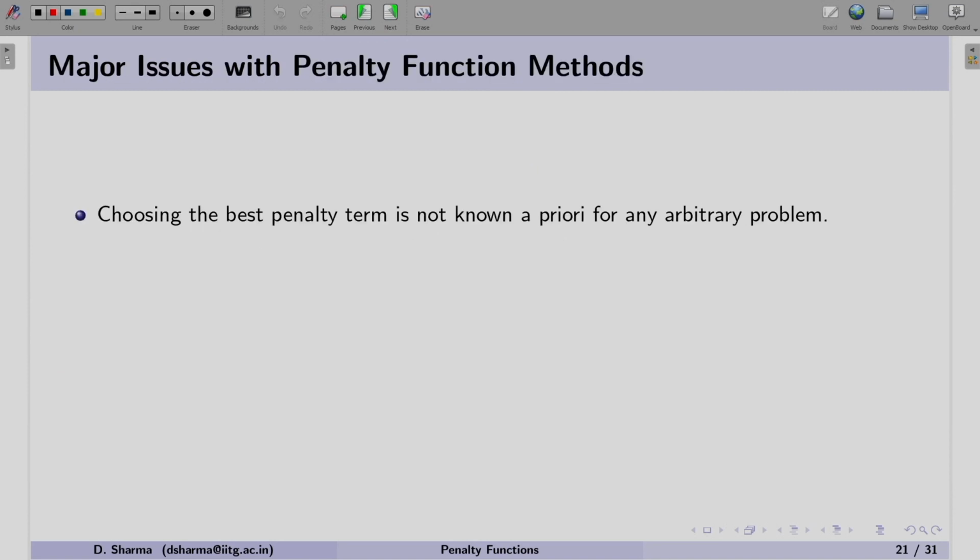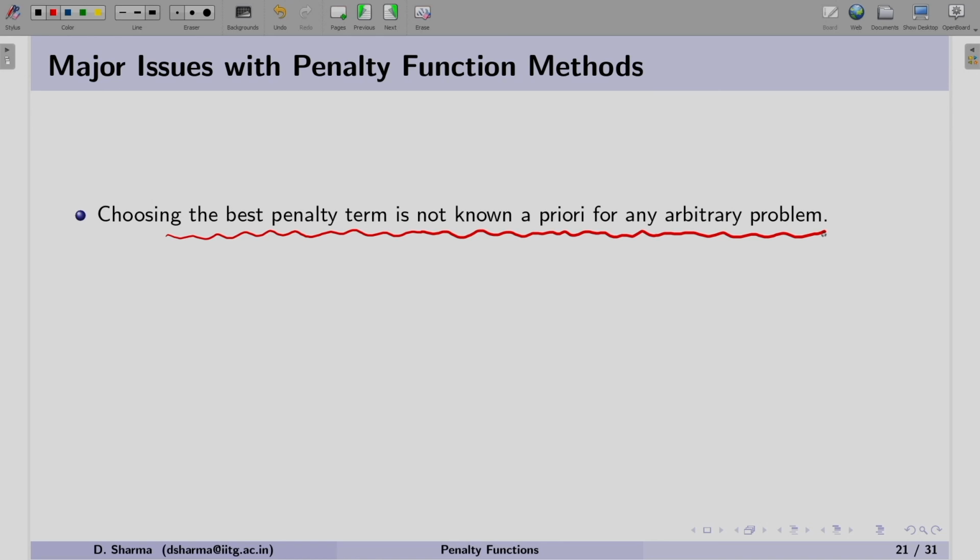So what are the major issues? If we look at all these penalty function methods which we have gone through, what are the major issues? The first major issue is that choosing the best penalty term is not known a priori for any arbitrary problem, and that is difficult, since in every penalty function method we have to choose those parameters.